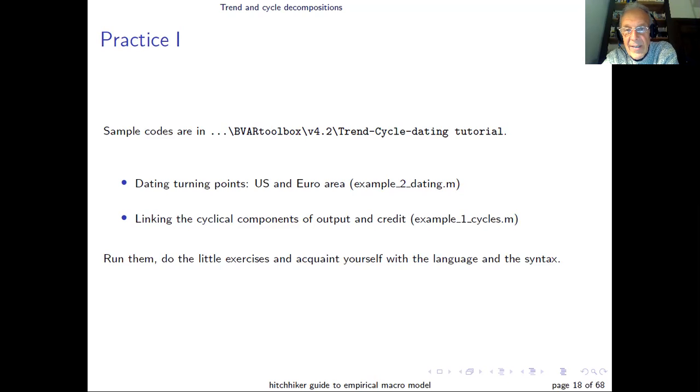The second example instead is called example 1 cycles. It estimates the cyclical component of output and of a number of credit measures, and basically looks at the relationship between output and credit over the business cycle.